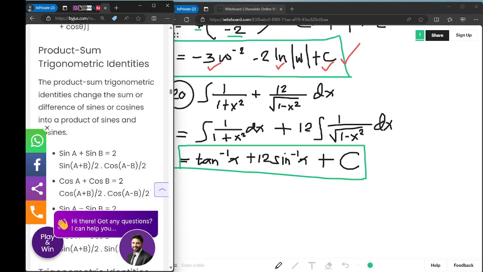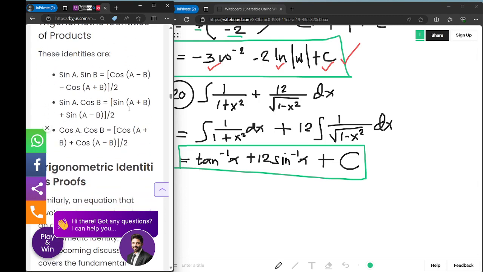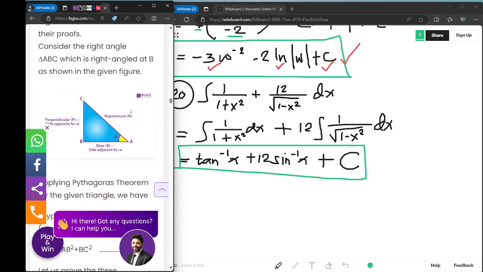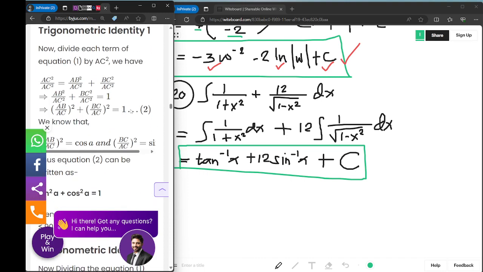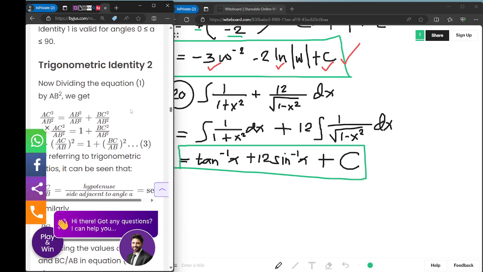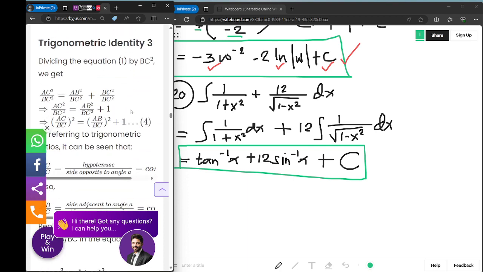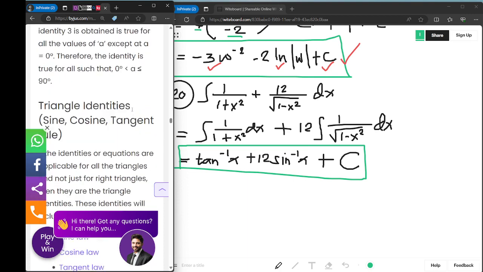Half angle identities, product sum, trigonometric identities, proofs. None, none, none, none.